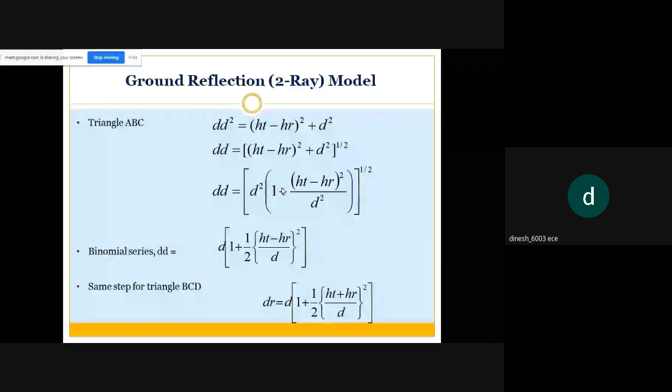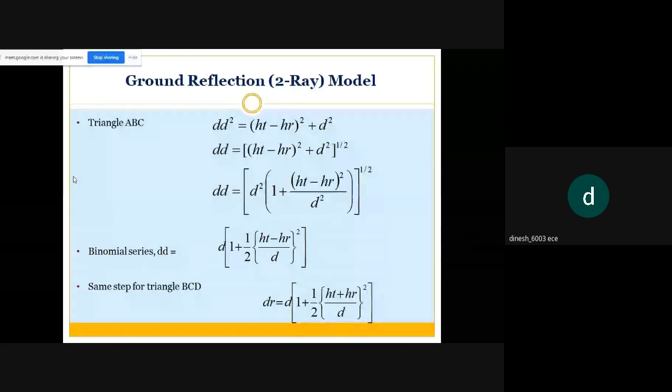In the diagram, I'll show you. This point is the transmitting antenna, and the receiver height is now this point.